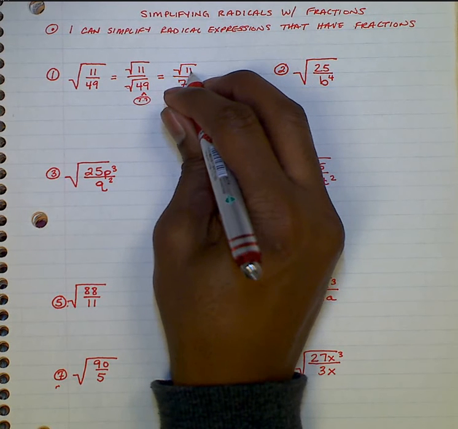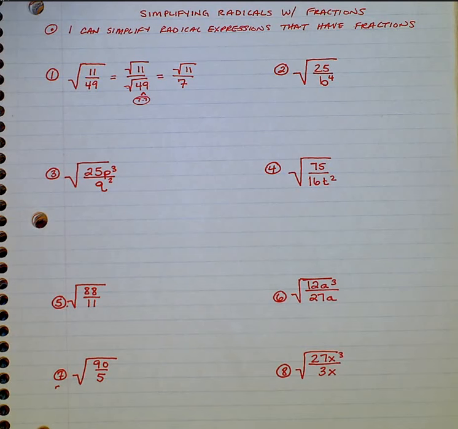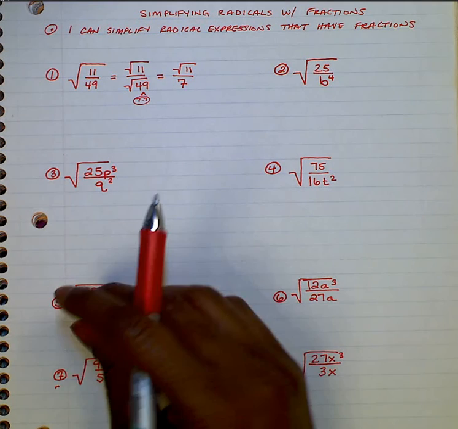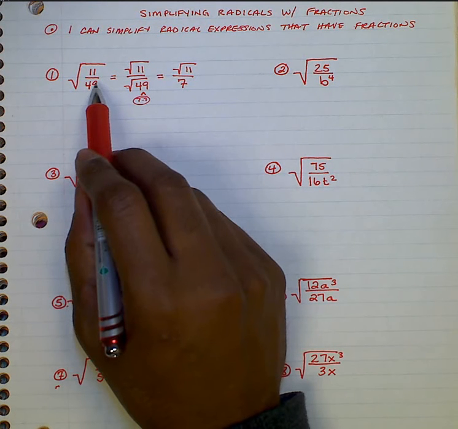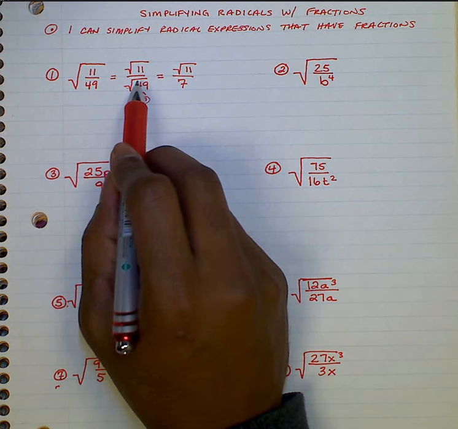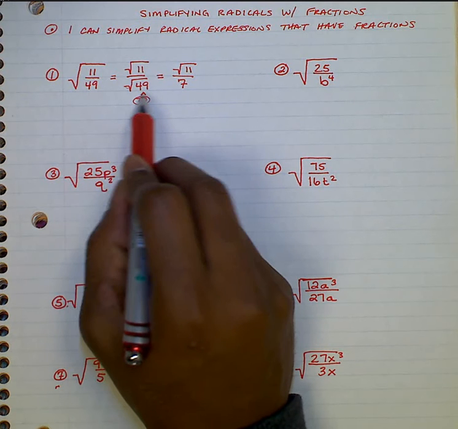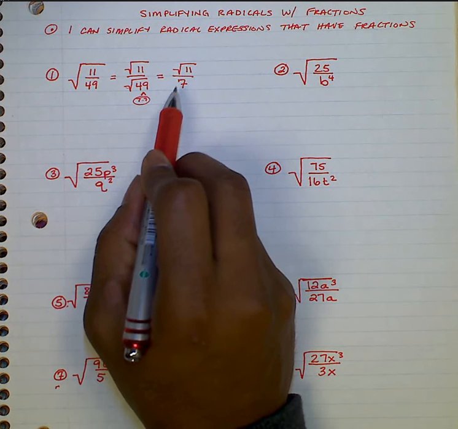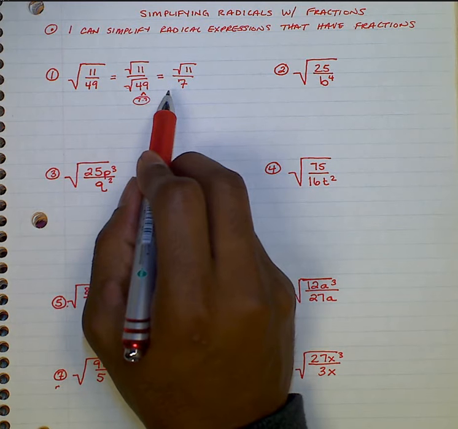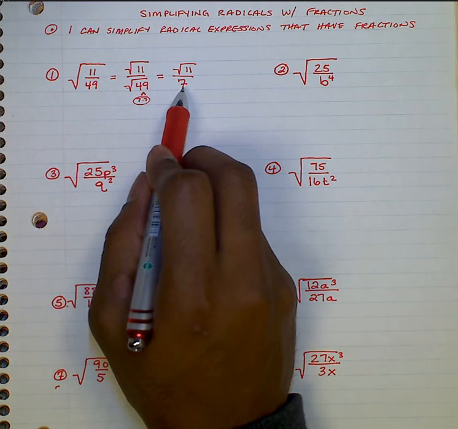That's just 11 and 1. So here's our answer to our first fraction. To recap, we split these, radical 11 over radical 49. We simplified them separately. If we were able to, we'd simplify them again. But we're not, because 7 is outside the radical, 11 is inside the radical.